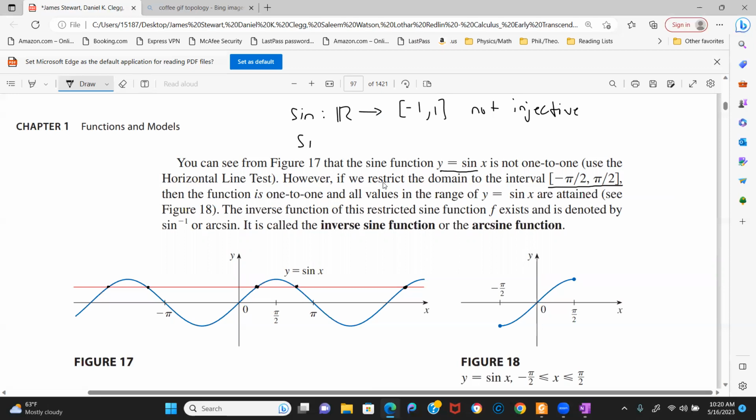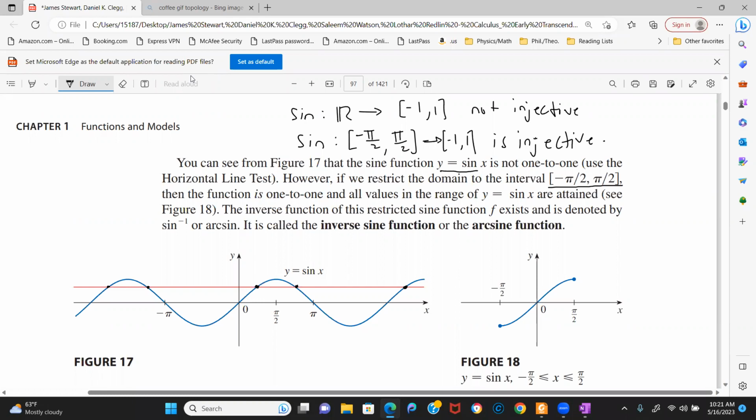But when you restrict the domain to -π/2 to π/2, into the set -1, 1, this is injective.